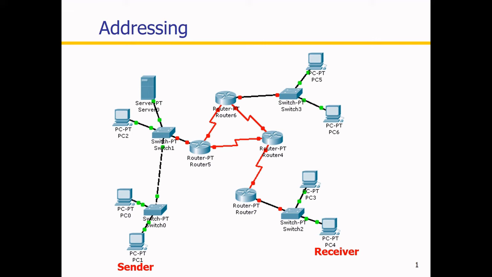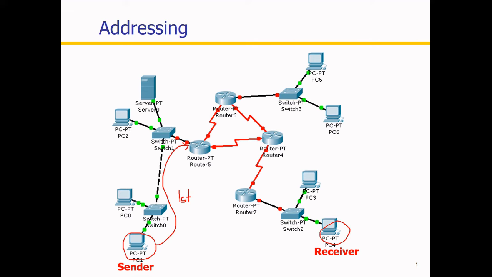If this sender wants to send some data to this receiver, at first the data has to go from here to this interface of the router, because it doesn't have a way out of its network. So the first hop is going to be from PC1 to router 5. I'm just going to write it over here: the data is going to go from PC1 to the router.